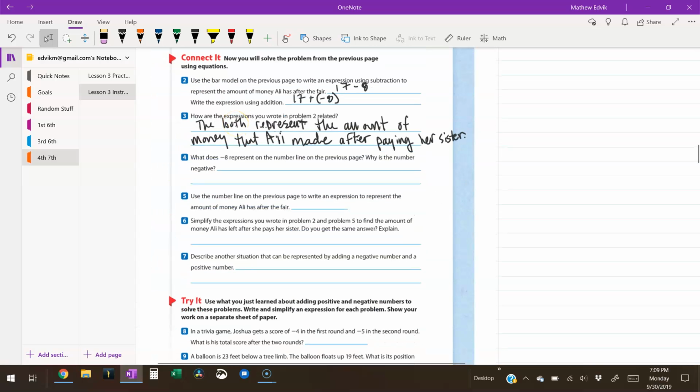It represents the money that she paid back to her sister. Or another answer could be it represents the money she spent on supplies.